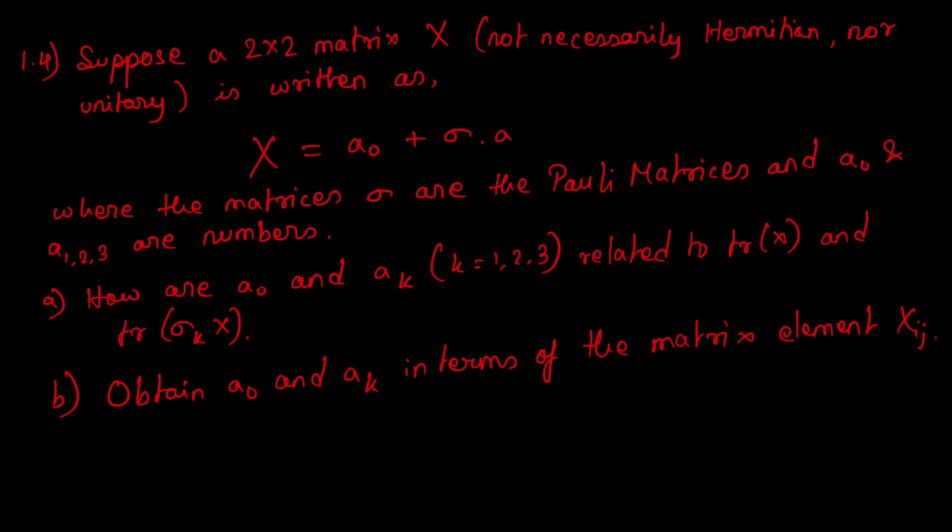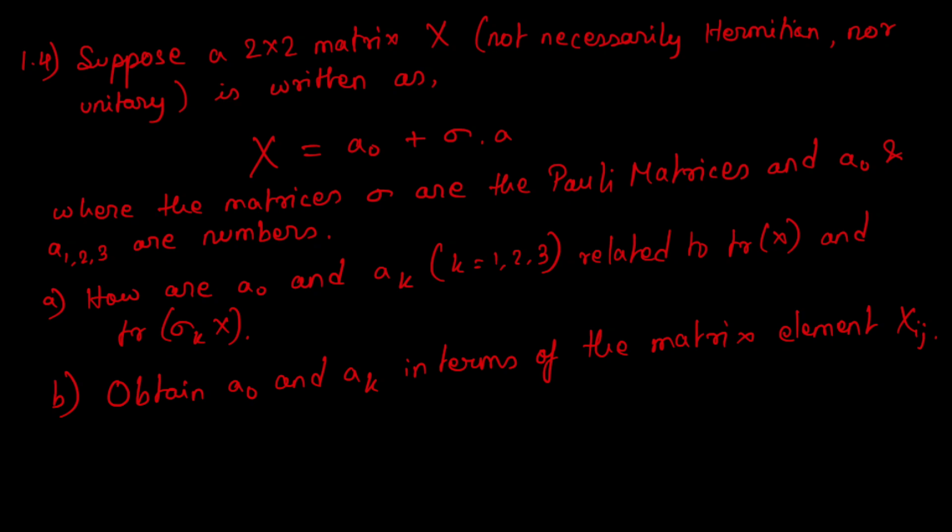Alright, so in this question we have been asked: suppose there's a 2 cross 2 matrix X which is not necessarily Hermitian nor unitary, and it is written as X is equal to A0 plus sigma dot A, where the matrices sigma are the Pauli matrices and A0 and A_k, k equal to 1, 2, 3, are numbers.